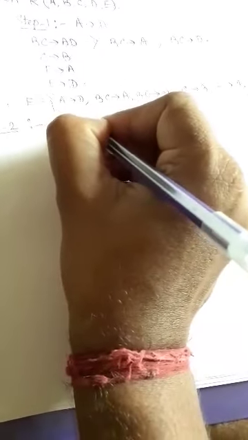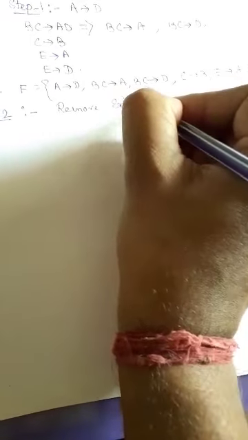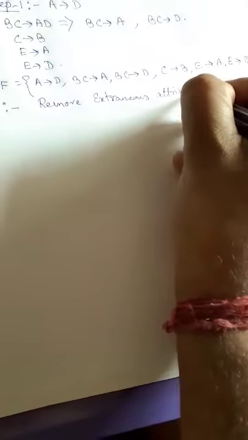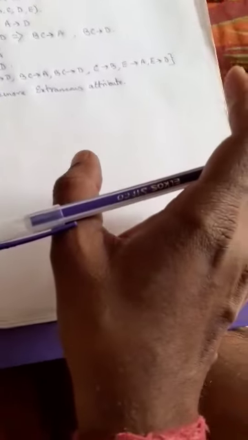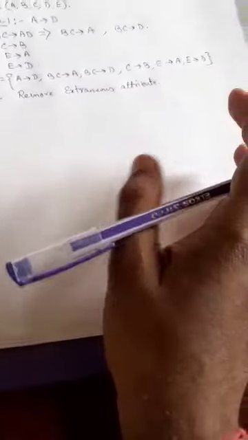In step 2, remove the extraneous attributes. Extraneous attributes mean, in a functional dependency, the attribute is extra. That means if we remove that attribute from that functional dependency, the closure of the functional dependencies does not change.